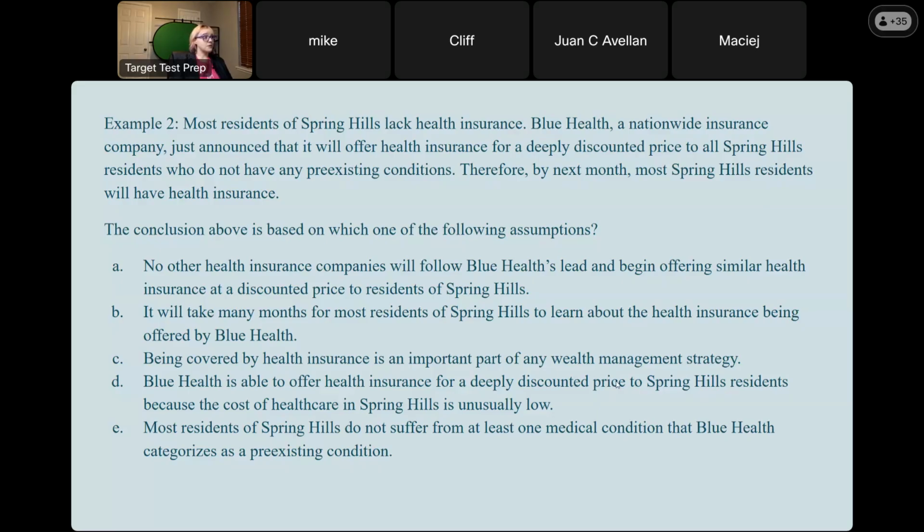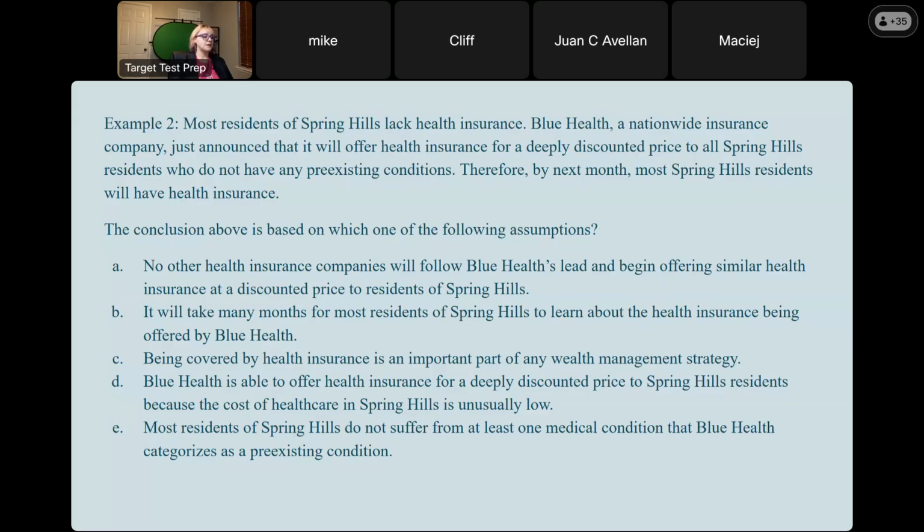Blue Health is able to offer health insurance for a deeply discounted price to Spring Hills residents because the cost of healthcare in Spring Hills is unusually low. So this is a trap answer, and here is why. Earlier, I was talking about how whenever there's a premise in a critical reasoning argument, it's true.